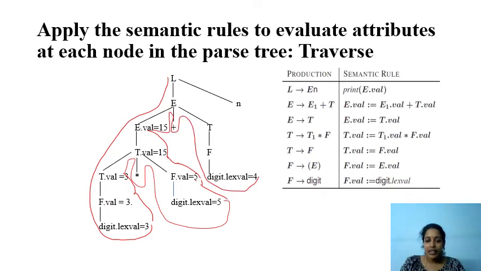Now we have traversed till here, and the digit gets its value 4, and continuing the traversal, this F gets its value 4. How F takes its value: it is equal to digit.lexval. We continue traversing here, and this E gets its value from T. Continuing, this L gets its value 19 and prints the value 19.